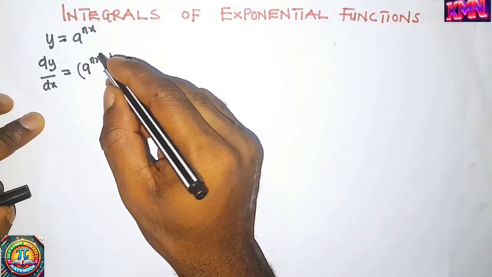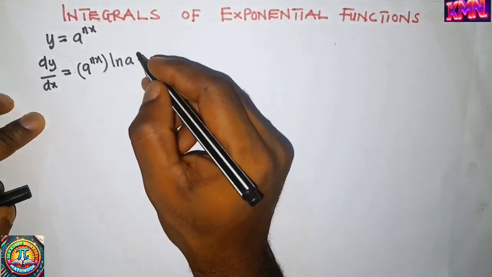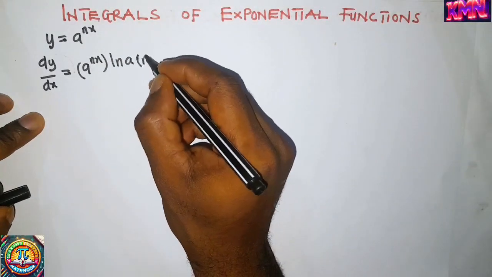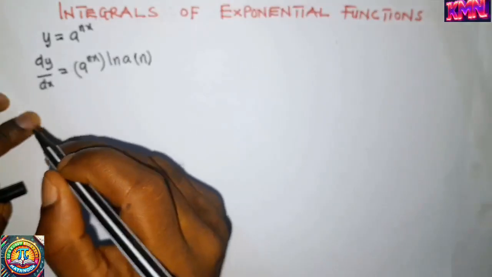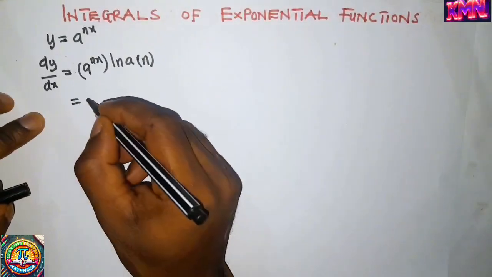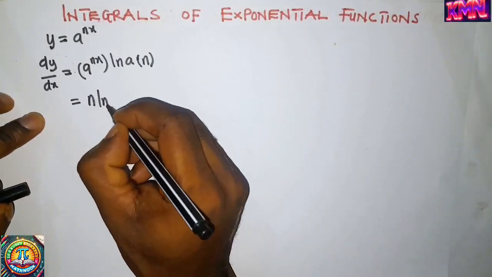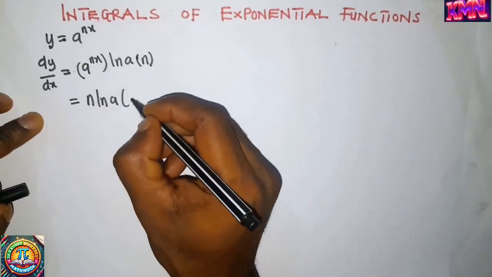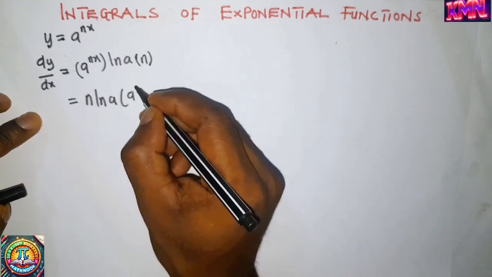Then we differentiate the exponent, the function within function, that will give us n, which we can rewrite as n ln a times a^(nx).